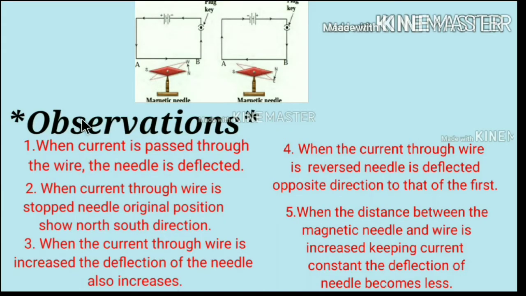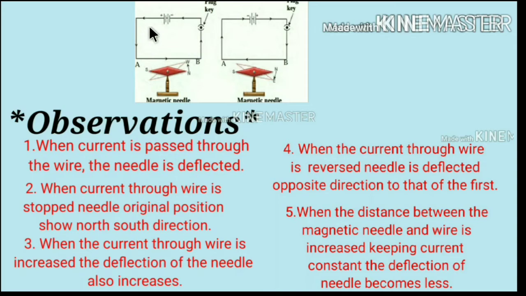See the observations of this experiment. First, when current is passed through the wire, the needle is deflected. In this circuit, AB is a current carrying conductor that is thicker than the copper wire.